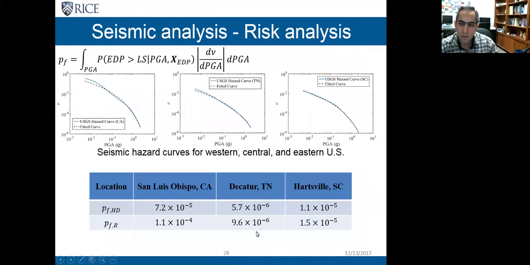And if I want to compare these numbers with acceptable limits in the nuclear industry, I compare them with core damage. So core damage is a metric which assesses an event in which the core of a reactor is damaged, but no release of radioactive material happens.